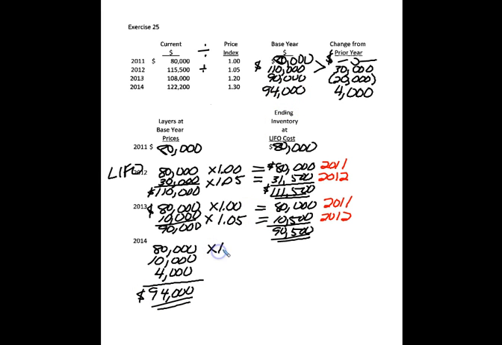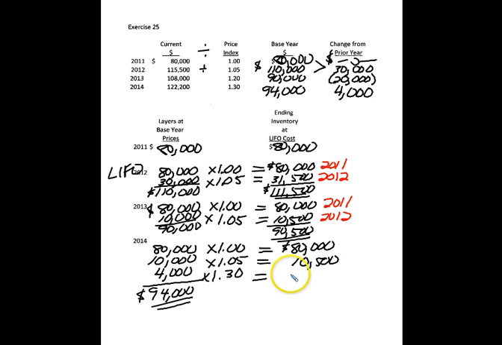Then I take that times my price indexes for each year. For 2011, it was 1. For 2012, 1.05. And for 2014, this 1.3. And then just extend those over. 10,000 times 1.05 is 10,500.